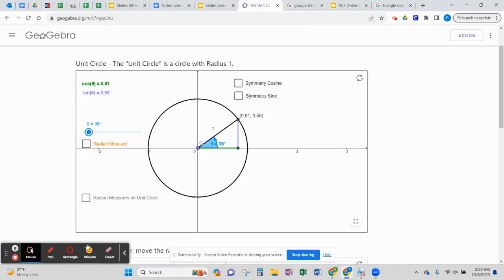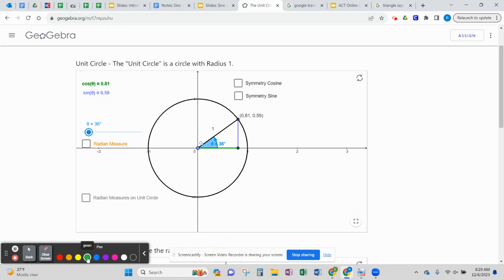If we look here, this green line here, that is going to be our cosine. And you'll notice that it shows up as cosine of some angle equals 0.81. Then we get the height of the triangle. That is going to be what our sine function looks like.